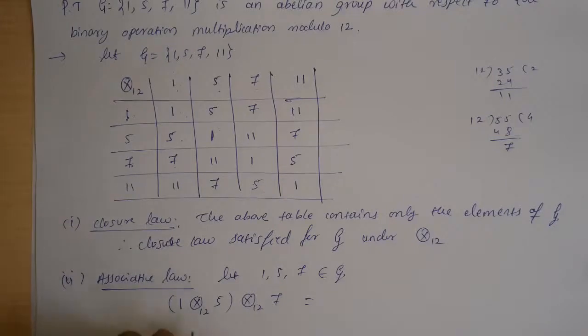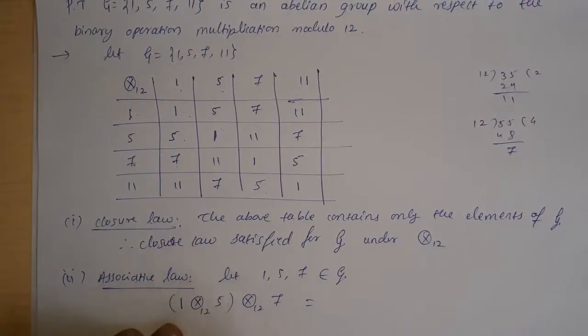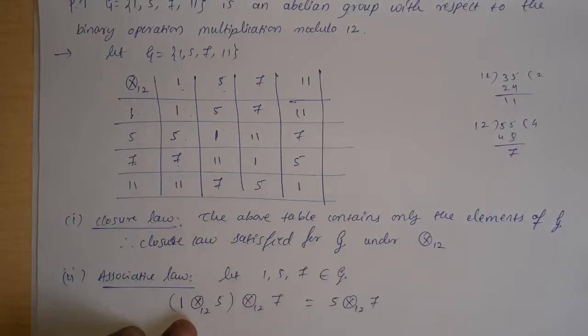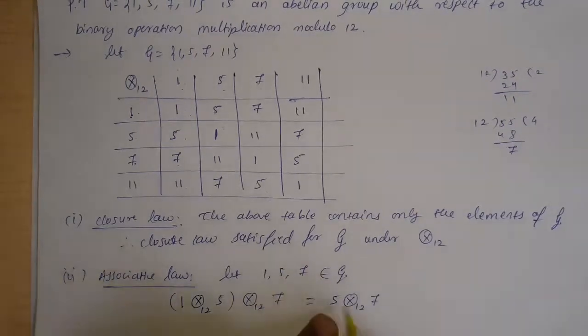So what is it equal to? In the first bracket, 1 into 5 is less than 12, so we consider the product directly, that is 5, multiplication modulo 12, and 7. Now 5 into 7 is 35. Here it is multiplication modulo 12: if the product is greater than 12, we divide by 12 and consider the remainder.